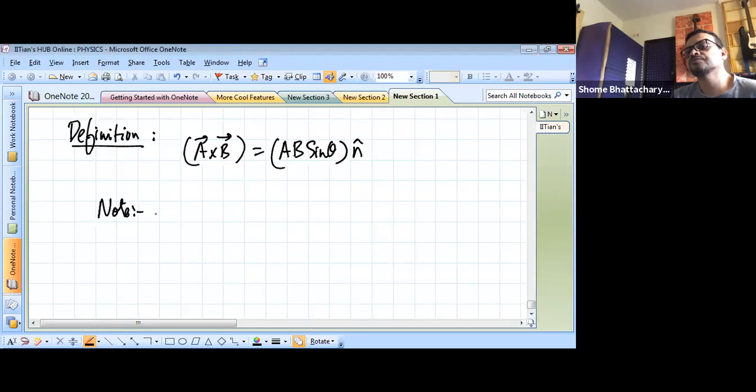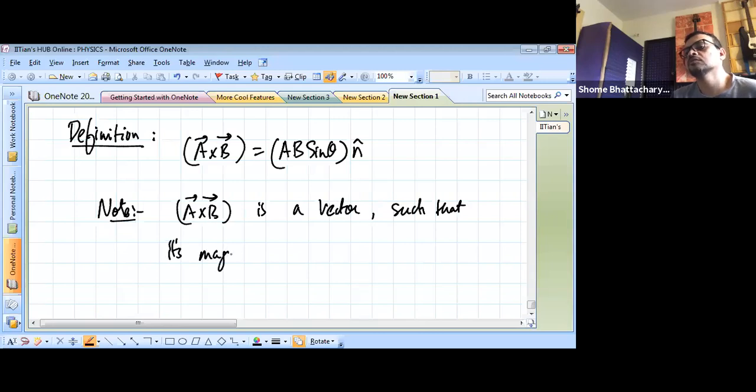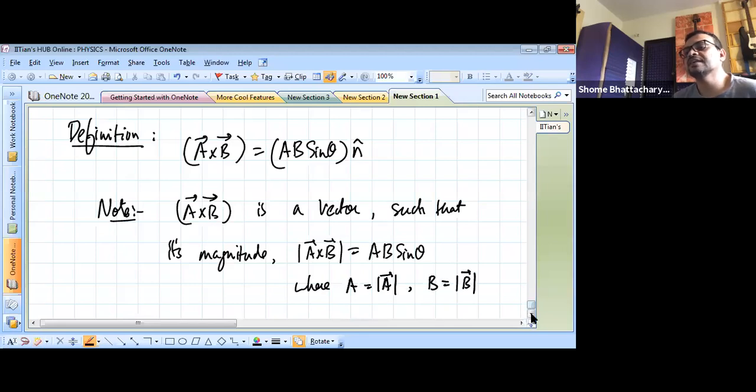So A cross B is a vector, such that its magnitude, that is mod of A cross B, is given by AB sine theta, where of course A is nothing but magnitude of the vector A, B is magnitude of the vector B, and theta is the angle between them.